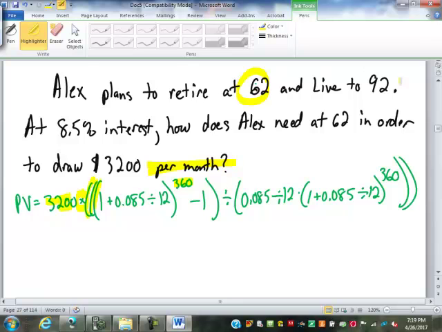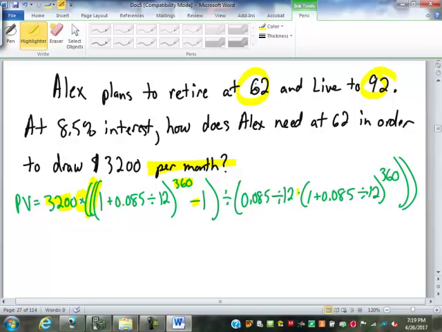From 62 to 92 is 30 years, and 30 times 12 is 360. Minus 1, close parentheses, divided by, open parentheses, 0.085 divided by 12, times, parentheses, 1 plus 0.085 divided by 12, to the power of 360, and then close it up.